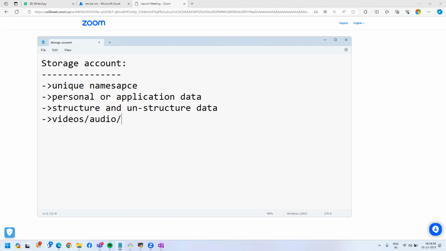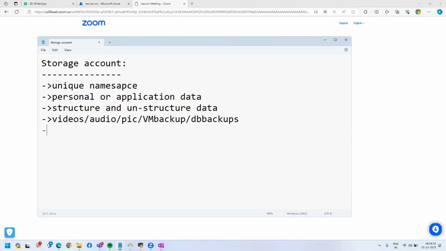Yes, exactly. Pics. Also, we can say VM backup. We haven't discussed VM backup. Next, DB backups. They are unstructured data. Clear.